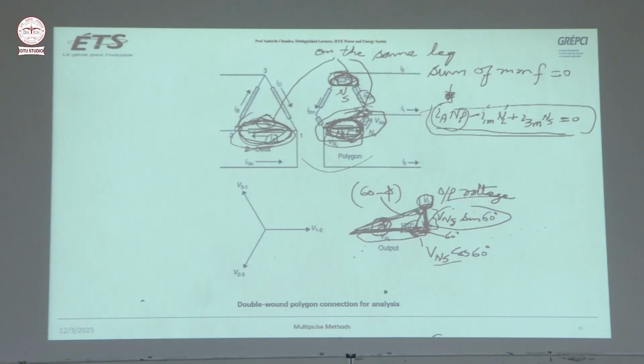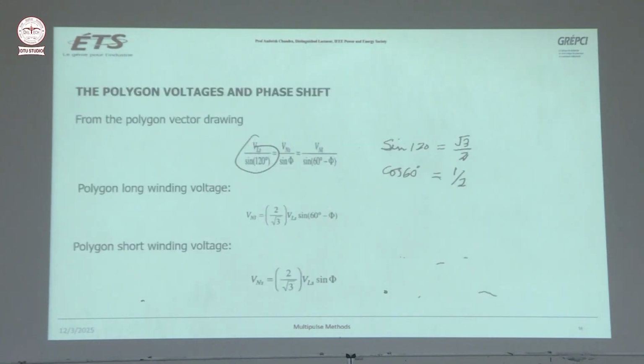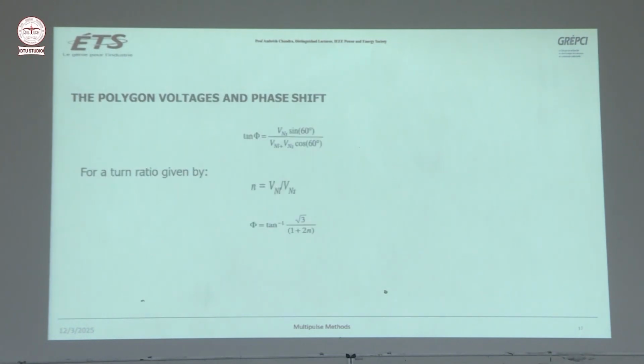So VNS divided by sine of 60 minus phi, this divided by this angle, this divided by this angle. So this is how this trigonometric function equation has been written, and you can find the voltages, VNL, VNS, those things, and then you can write tangent phi.